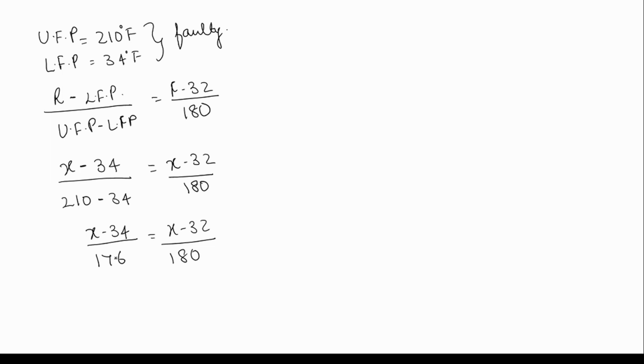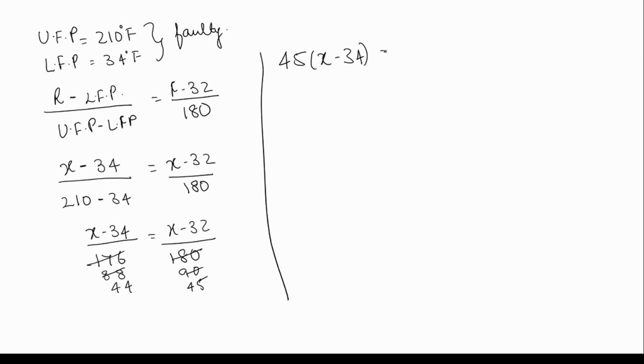So first we'll divide it by 2. 2 8s are 16, again 1 carry out. 2 88s, 2 90s, 2 44s, 2 45s. Now we'll cross multiply. So 45 into X minus 34 is equal to 44 into X minus 32.